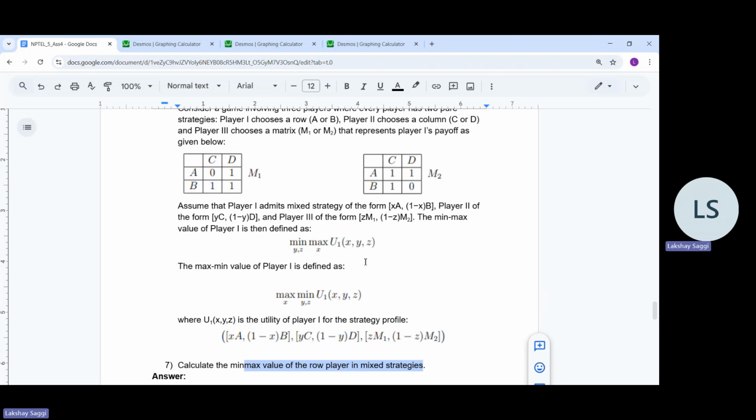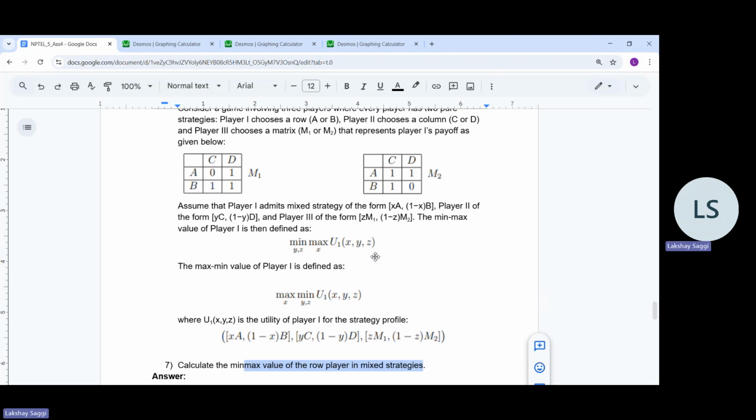What this essentially means is that if some y and z are fixed, the row player will really want to maximize this kind of value. So the row player will want to choose a row such that this u1 of x comma y comma z is really maximized.